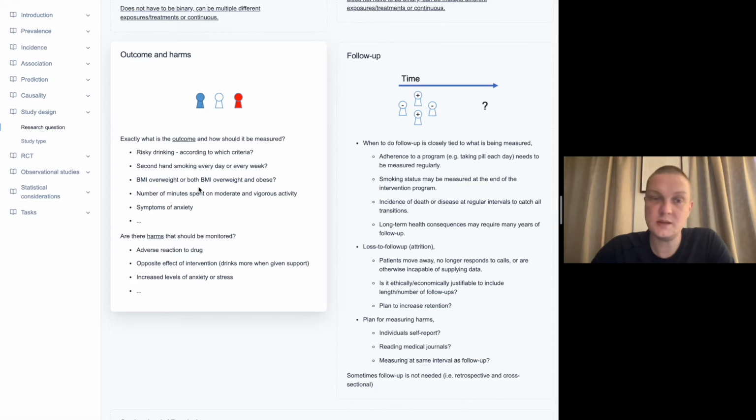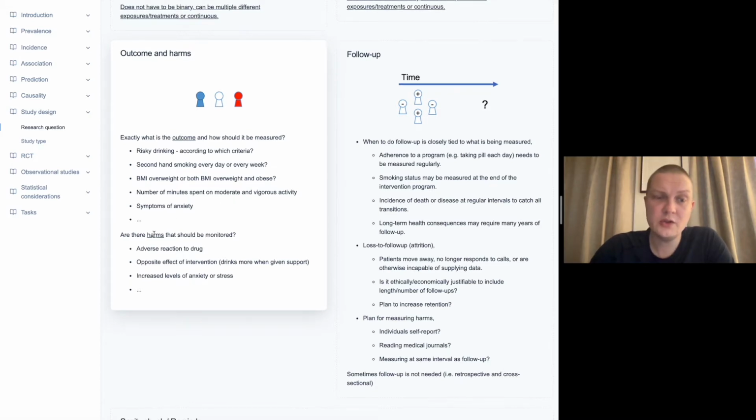BMI overweight or BMI both categories, how are you going to measure it? Is it the number of minutes spent on moderate and vigorous activity? How are you going to measure it? Is it symptoms of anxiety, and how are you going to measure it? So you need to really think about what outcome is relevant for this study and how you're going to measure it and how you define it.